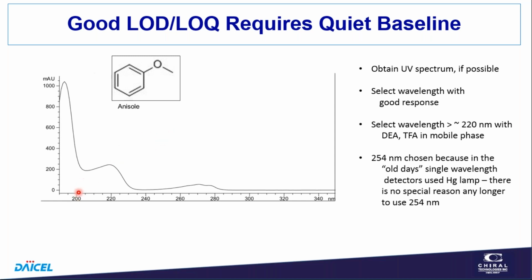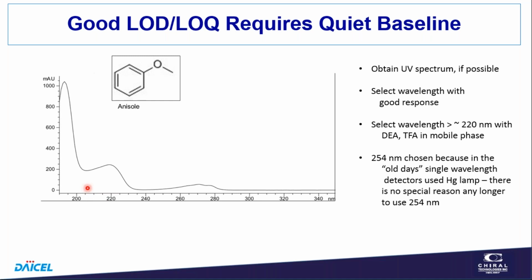In this region around 200, usually the diode array detectors can go down to the 190, 200 region, but most of the solvents we have absorb in this region. So their UV cutoffs are somewhere around, depending on what solvent it is, methanol I think is around 205. So you may get some response background due to the solvent. It will just attenuate your response, it shouldn't interfere.